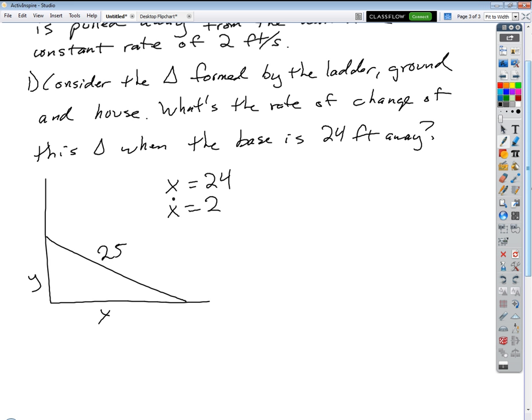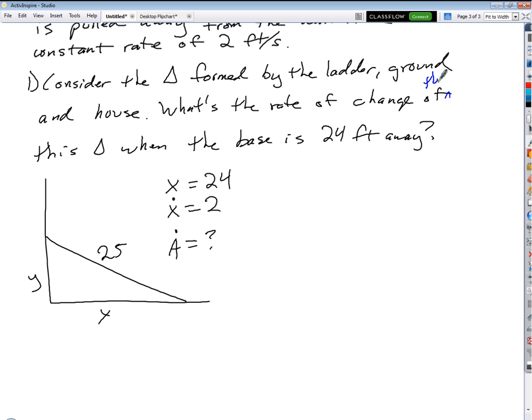Area. Not area, A dot. When you say the change of this triangle, you meant the area of the triangle? Right. What's the rate of change of area?